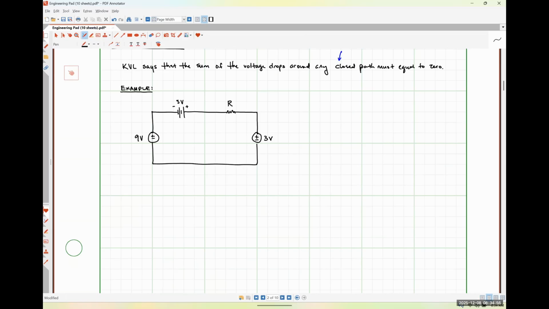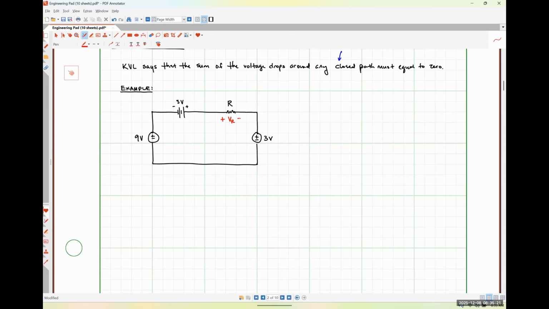I'm going to let you guys choose the polarity of the voltage drop across that resistance. Do you want positive polarity on the left or on the right? On the left. Positive polarity on the left, okay? So this is the voltage VR that we are looking for.